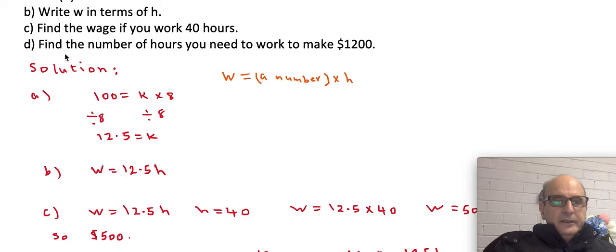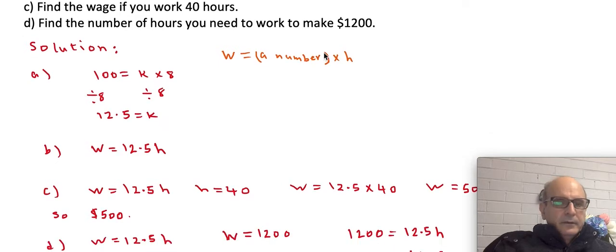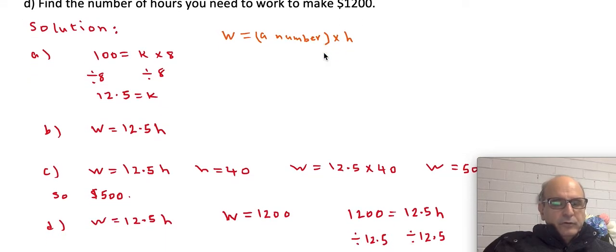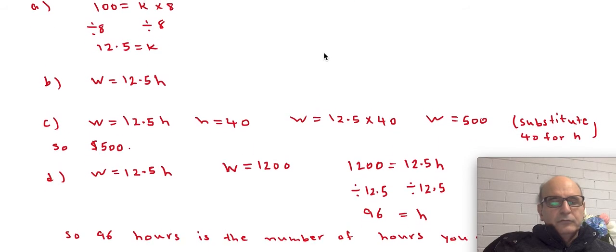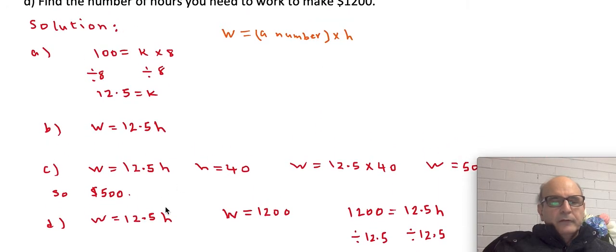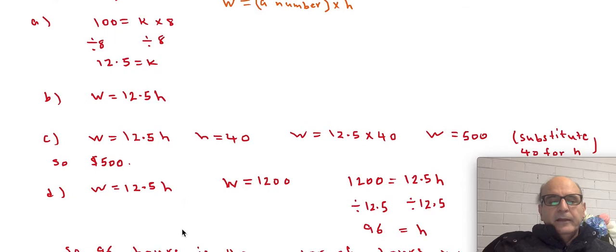In part D, they are asking find the number of hours you need to work to make $1,200. So you need to make $1,200. How many hours you need to work? All right, we write the equation that we had, or the rule that we had, and now we know W is 1,200.